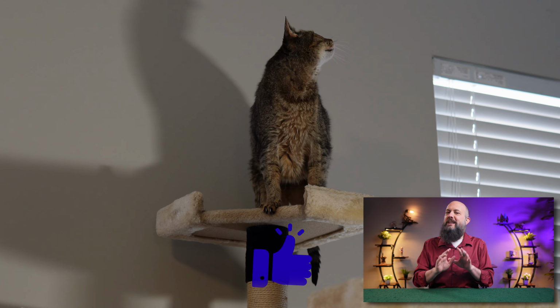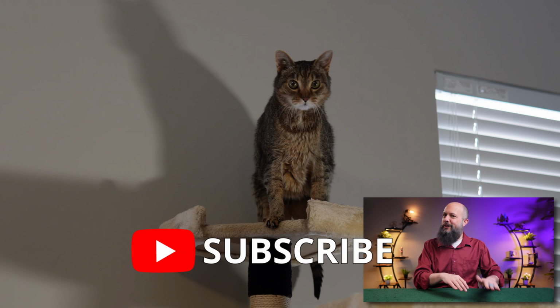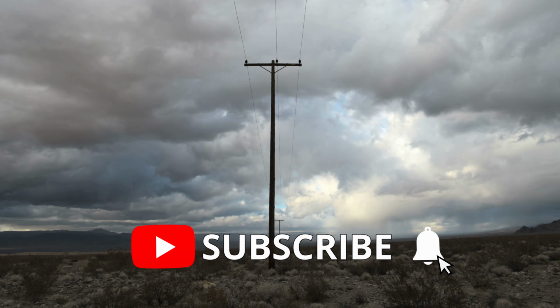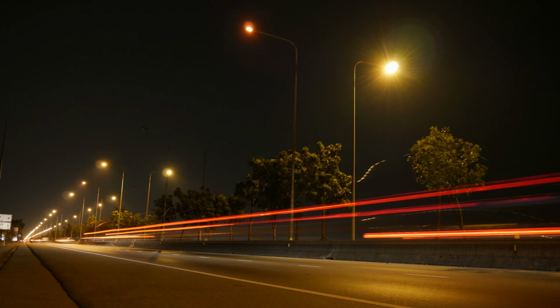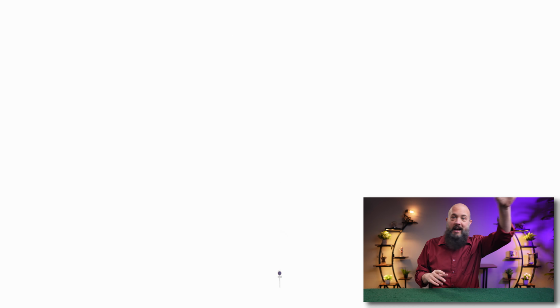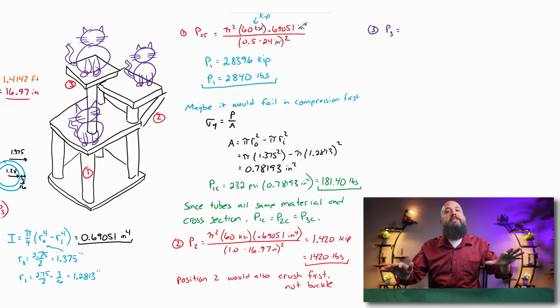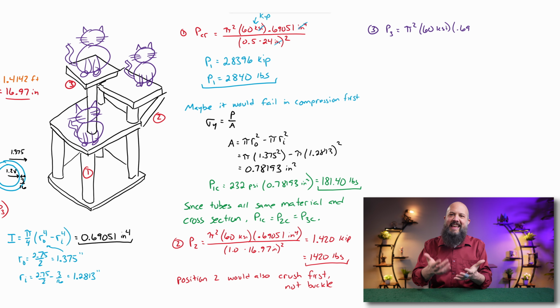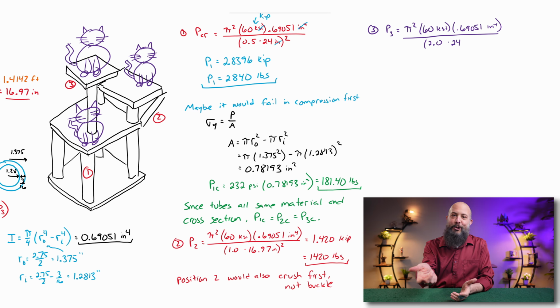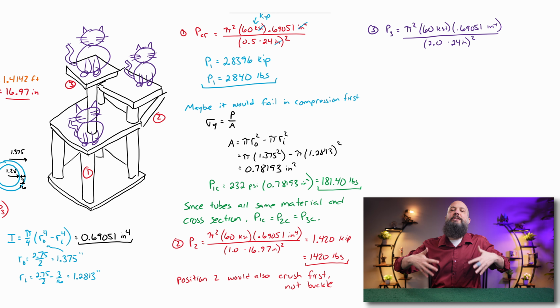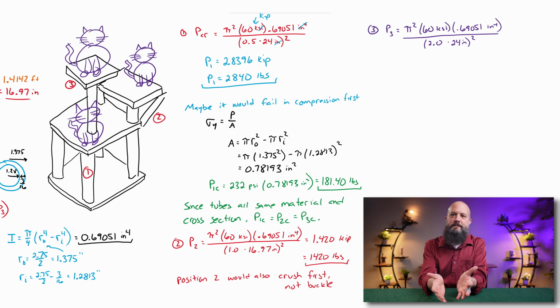Fixed-free is most commonly seen for things attached only to the ground, like telephone poles or street lights or traffic signs. These can be really wobbly at the top because it's completely free, and so these are way more susceptible to buckling. They have a K value of 2.0, making it act as if it is a much longer beam.